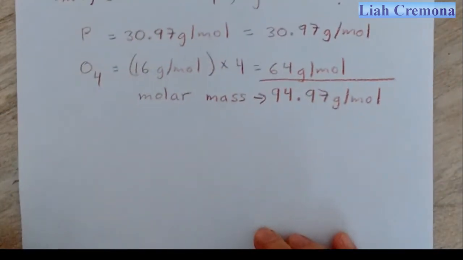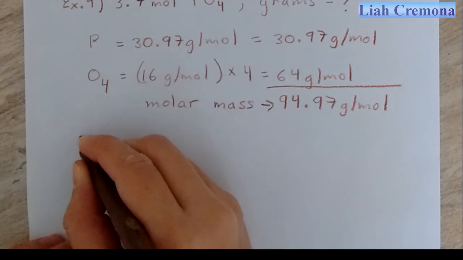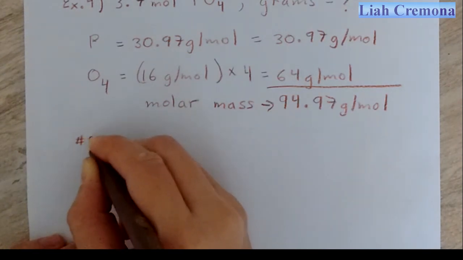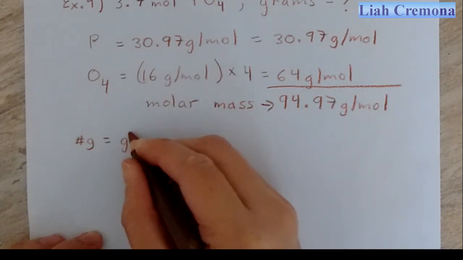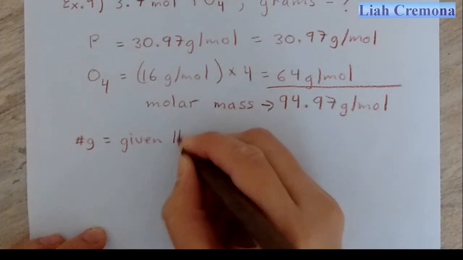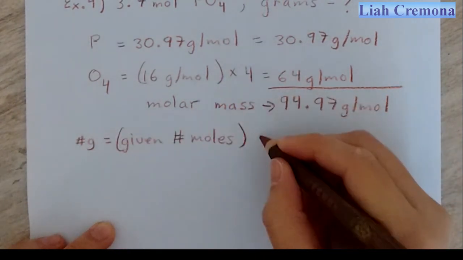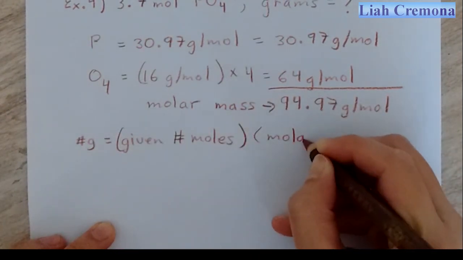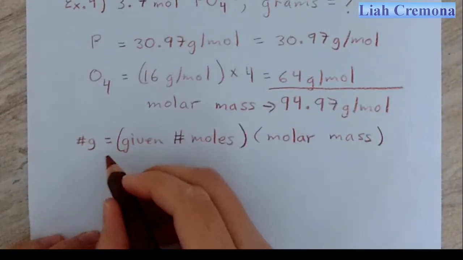The next step and final step is to find the number of grams. So the number of grams is the given number of moles multiplied by the molar mass. Now we plug in the numbers.